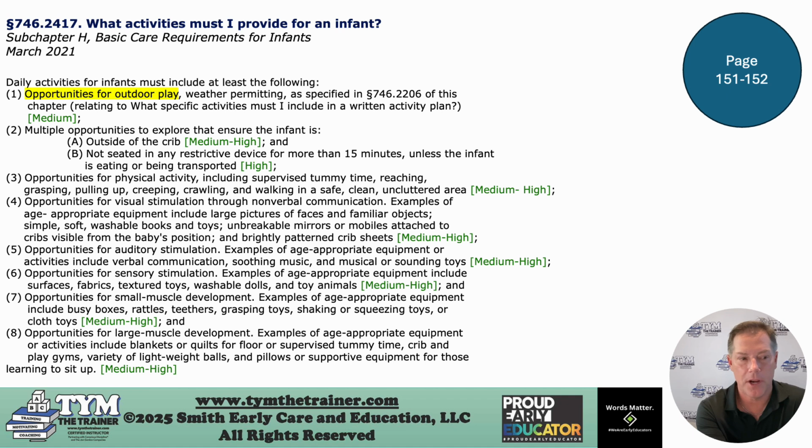Examples of age-appropriate equipment would include busy boxes, rattles, teethers, grasping toys, shaking or squeezing toys, or cloth toys. So again, right here, this is giving you a list of what toys and equipment need to be included in that classroom. It also shows you that there is a reason why we have certain toys and equipment for those particular children. So really good stuff right here.